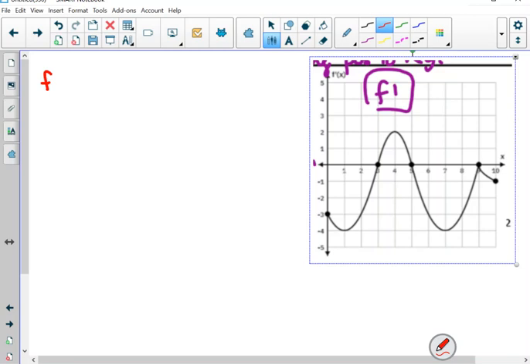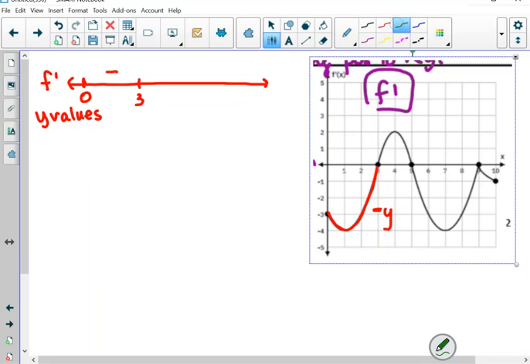And I am going to first of all look at my F prime graph in terms of positive versus negative Y values. So it looks like, starting at 0, because I've got a clear starting point, that F prime is negative until it cuts up to 3. These are negative Y's.